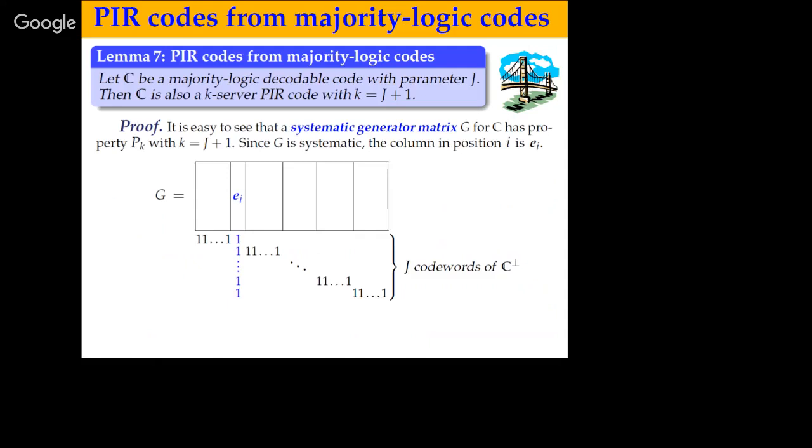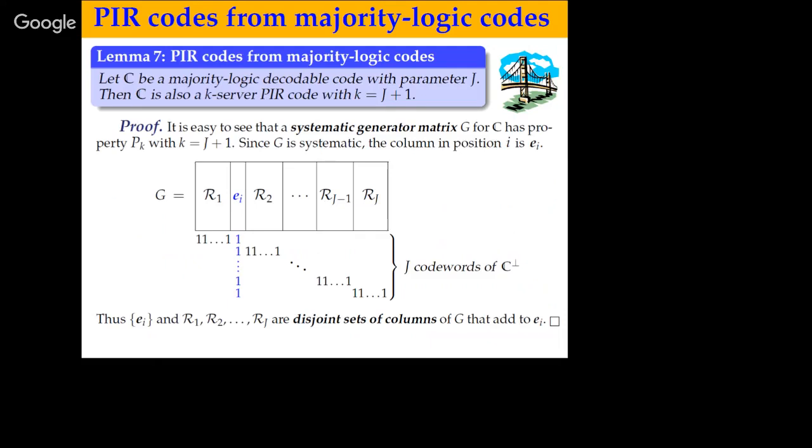So the sum of these columns from here to here is 0. And therefore, the sum of these ones is exactly E sub I. This one is E sub I. And that is true for all the other checks. And therefore, these are my disjoint recovery sets for E sub I. They're just given to me by those parity checks individually. Right? And I have one more than J because I have E sub I.